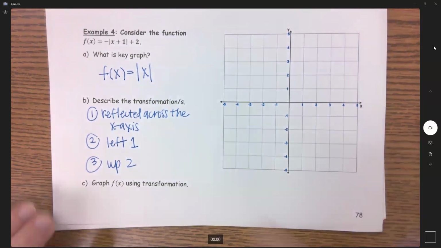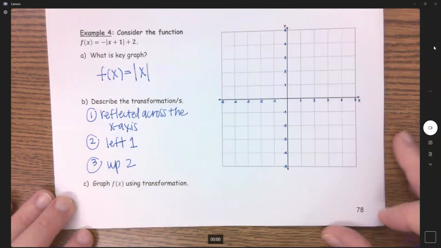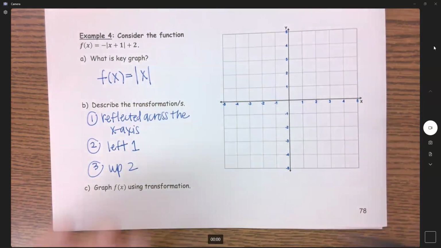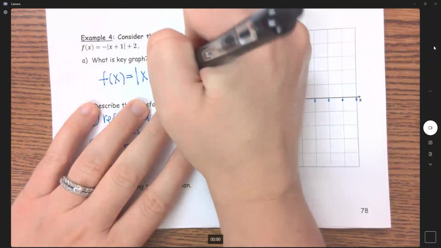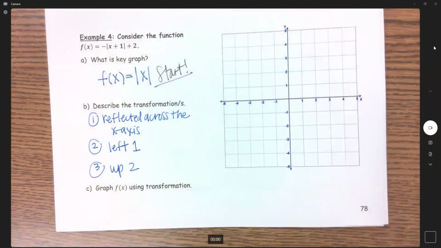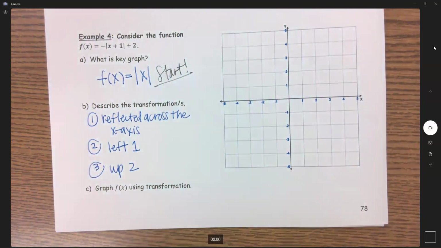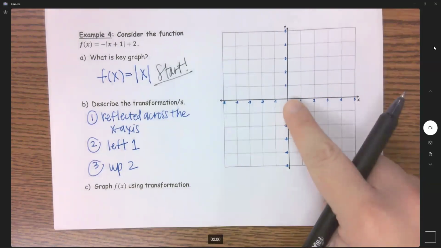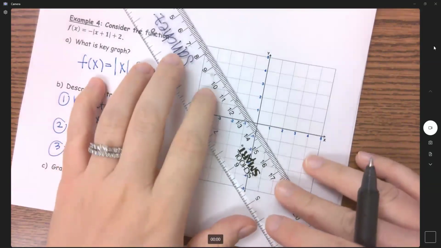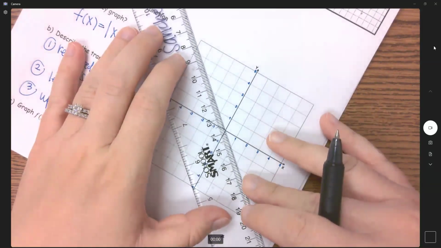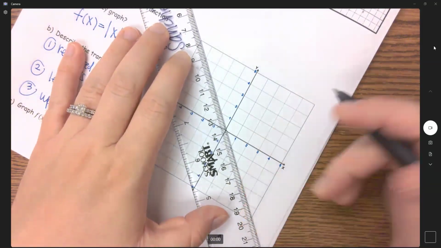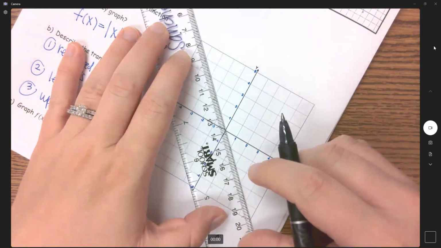So now we need to graph this using transformations. We're going to start with that key graph right here. So we'll start here by graphing my absolute value function. My absolute value function will be right here at the origin, and it's going to go diagonally perfectly by 1 unit. So this will go here from the origin through the corner of my graph.